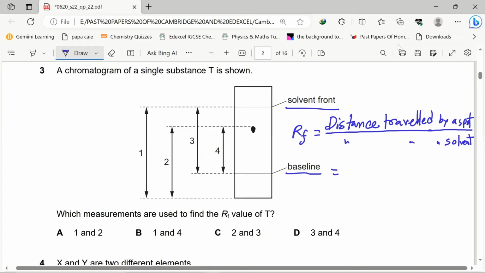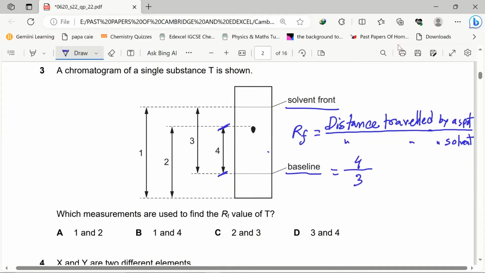In this case, they are asking what is the RF value of this substance T. So it's the distance traveled by the spot. It's basically 4, from the baseline till the spot. Basically, it should be the center point of the spot, but whatever measures they have taken, we are taking that. So it's 4 divided by the distance from the baseline till the solvent front, which is 3.